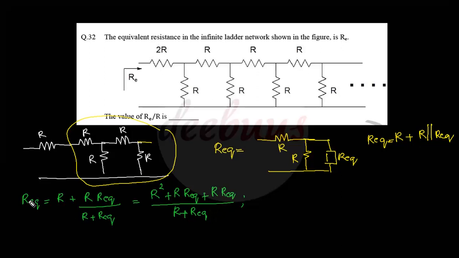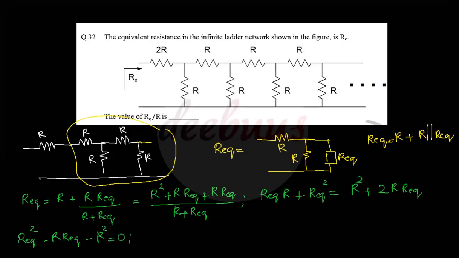So R equivalent into R plus R equivalent, that is R equivalent into R plus R equivalent square, equal to R square plus R equivalent plus R equivalent, that is 2R equivalent, right? We have to calculate R equivalent. So R equivalent square, R equivalent R minus 2R equivalent, so minus R equivalent, minus R square equal to 0. From that we can calculate R equivalent.